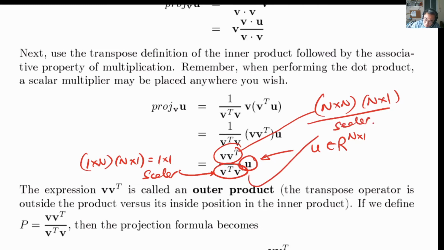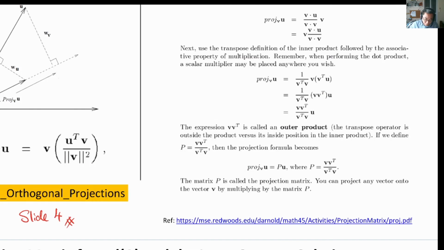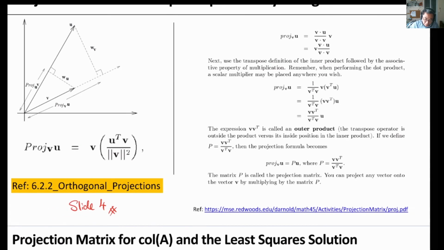This will result in an n by 1 column vector, which is what we expected because this is saying we are projecting a vector u onto V space, and we will get back a column vector that is of the same dimension as V. Now we knew all this already in 6.2.2.